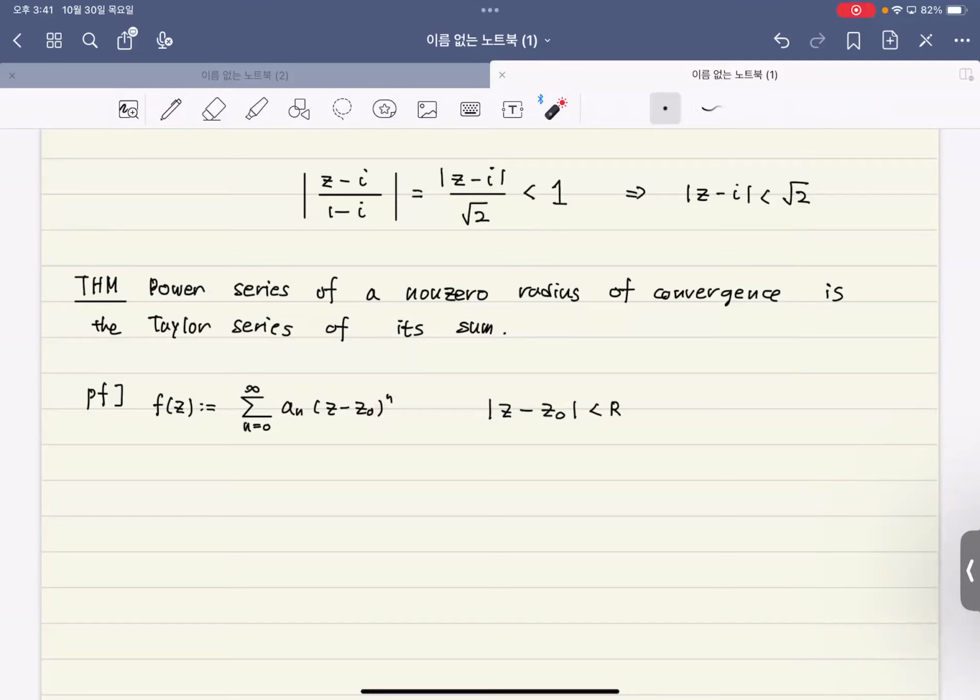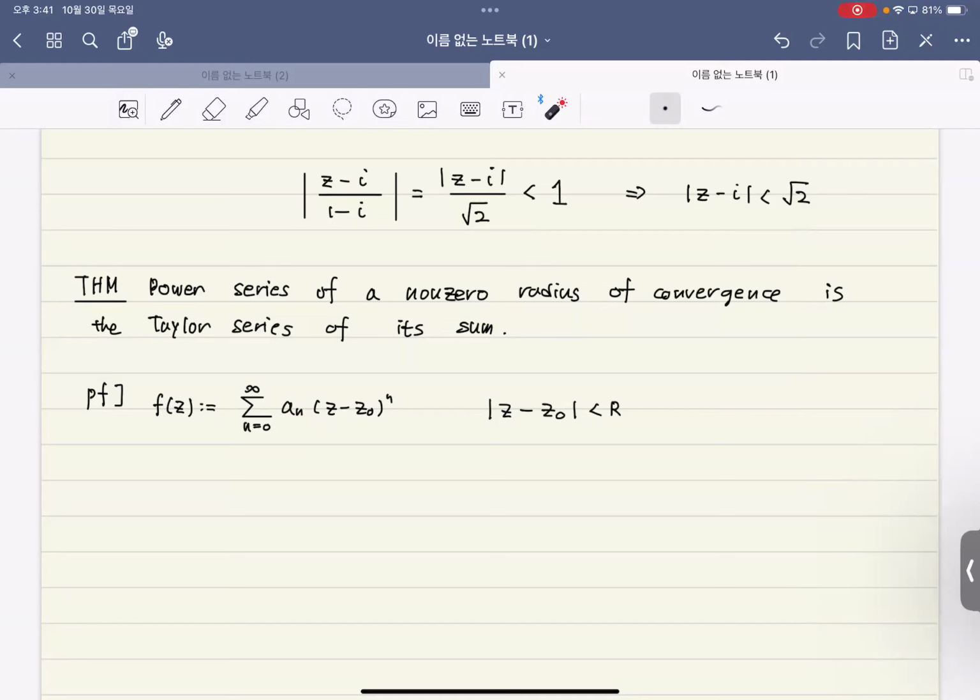And what we know about this function is that this function is analytic on this domain. Okay, now in order to prove the claim, what I want to prove is that this coefficient is precisely the nth derivative of function f evaluated at the center, divided by n factorial. If I can prove that, then my proof is done. Okay, so how do I prove this?